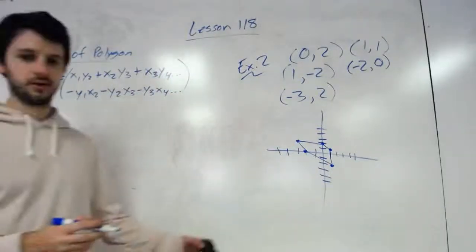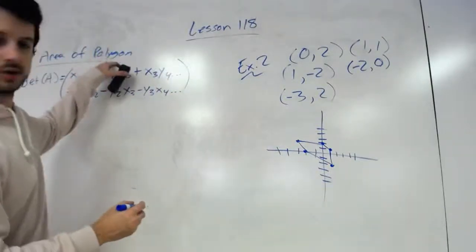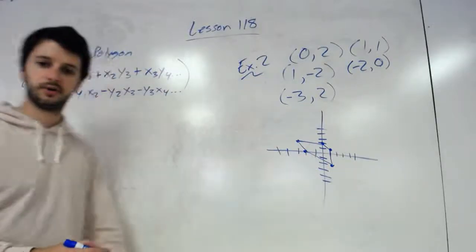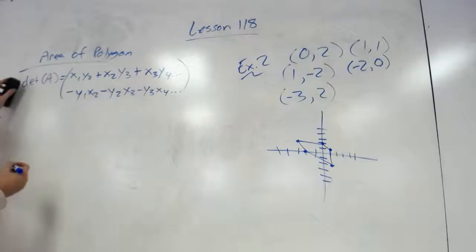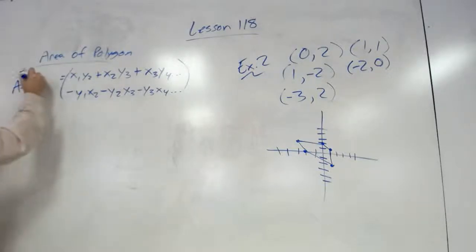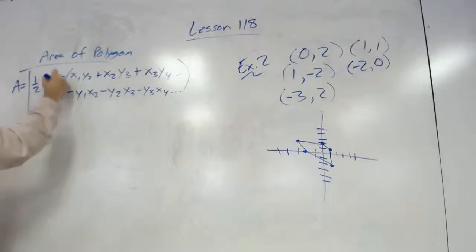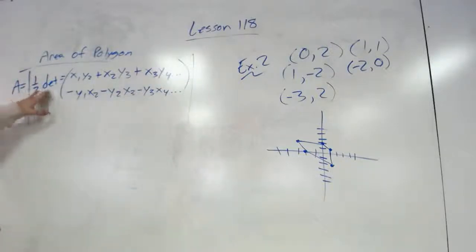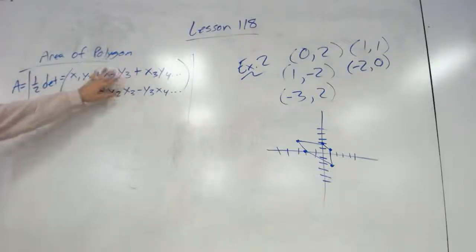What this formula is going to help us do is find the area of a polygon on a coordinate grid. Now it changes slightly in that the area A equals the absolute value of 1/2 times the determinant. And remember, the determinant is just all of this.